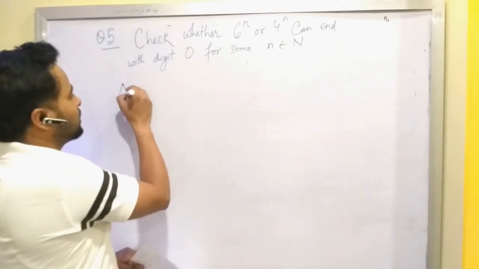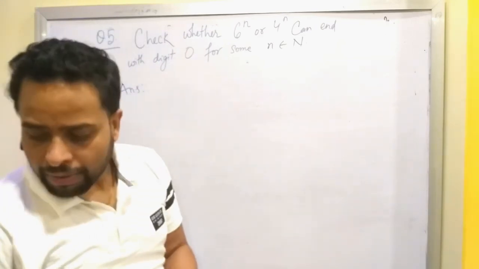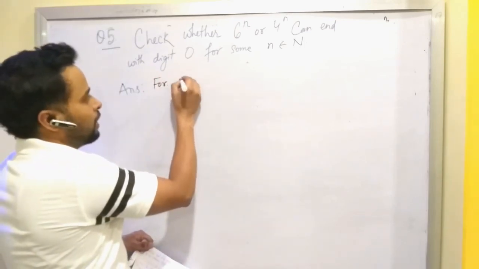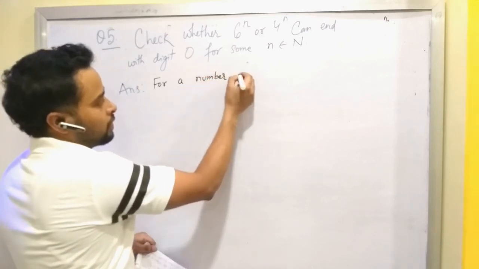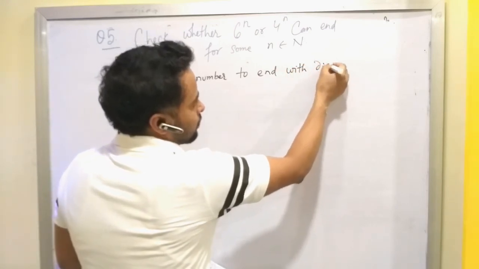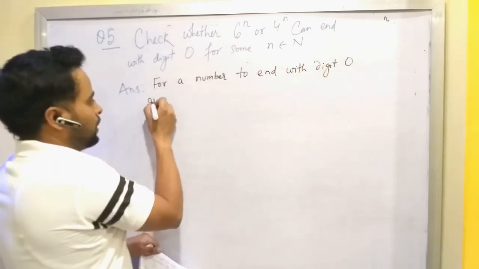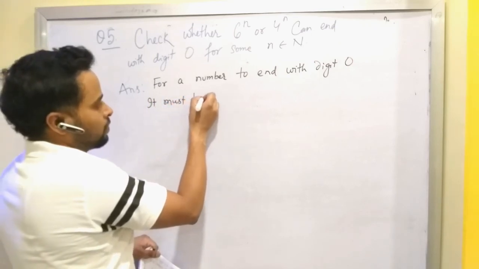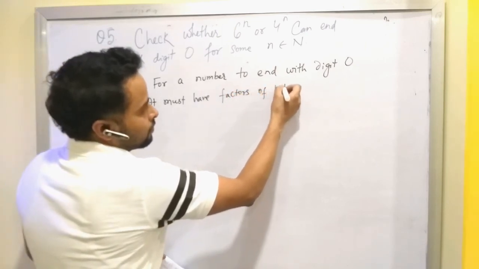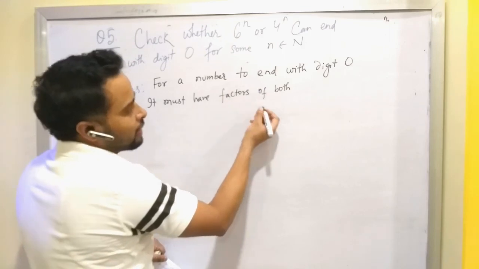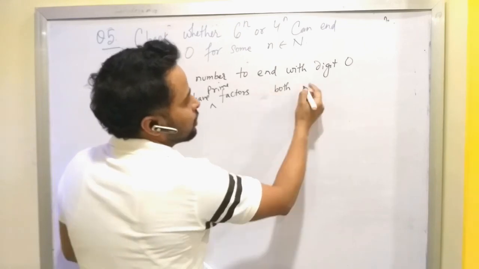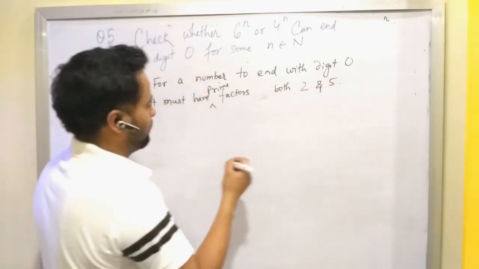So when we write the answer, what we can write is: for a number to end with digit 0, it must have prime factors both 2 and 5.